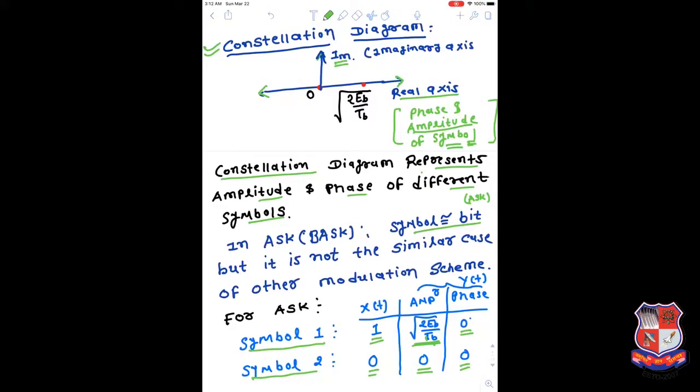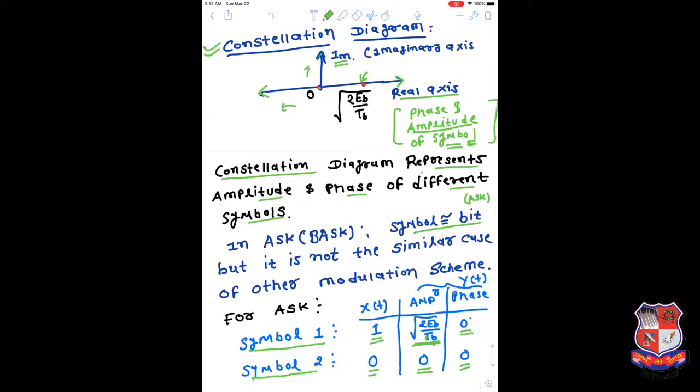In this constellation diagram, 0 is put at the origin, and the value square root 2EB by TB is a real part, so it can be put on the real axis, over here, because it's positive and real. If something is negative and real, we can put it here. If something is purely imaginary and positive, we can put it up here.